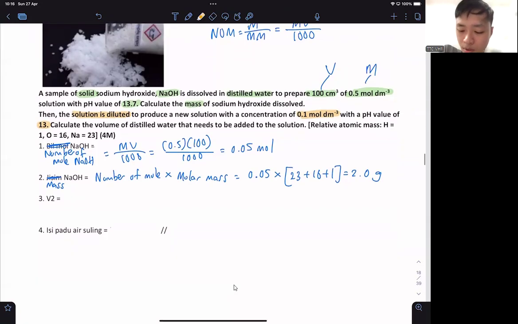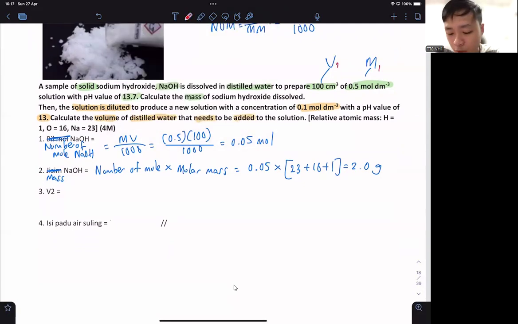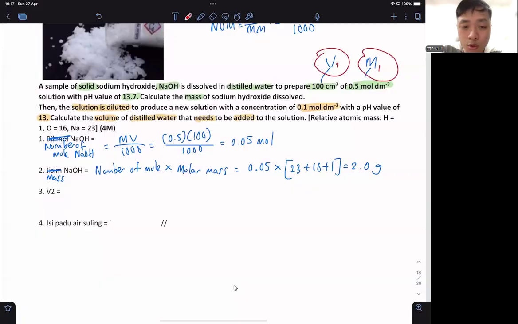So this one is a bit tricky. What I do is, we find the volume. Notice this one is V1 and M1, before we start doing dilution. So you have V1 and M1, then you have to find V2, not exactly, but you need V2 to find the volume of distilled water.